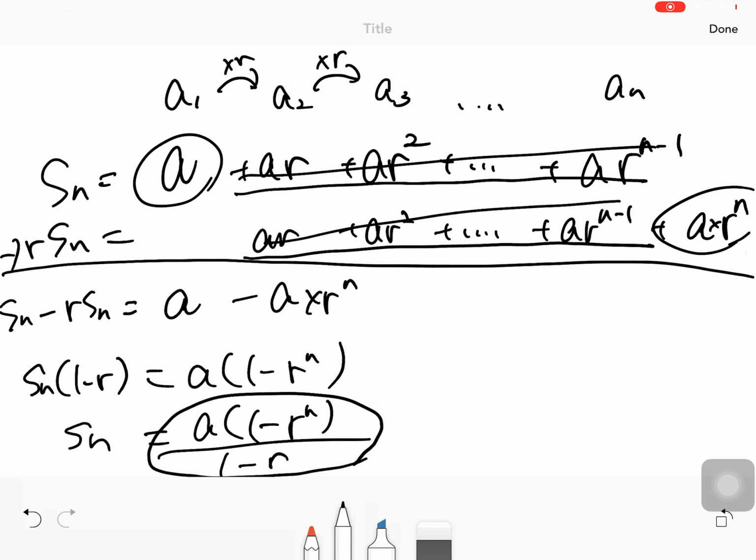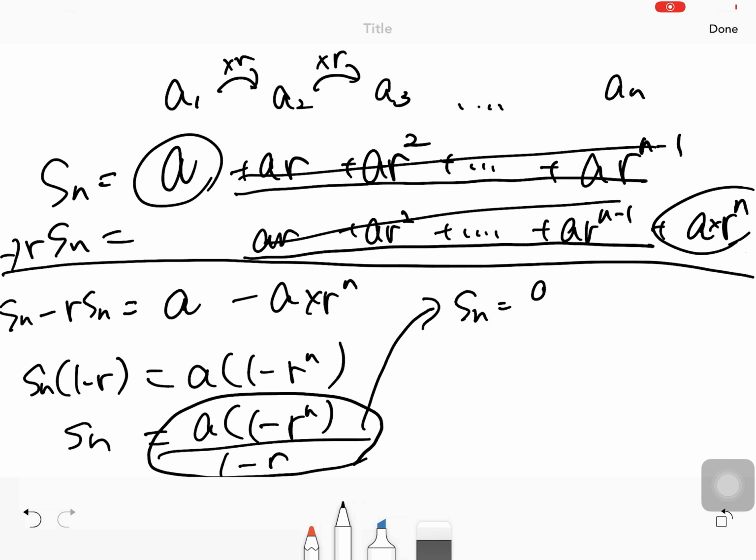This is so important. Actually you don't need to memorize how to form the formula for the geometric series, but I do want you to remember this formula. This is the sum of a geometric series. And another important thing is you can get another formula from it.